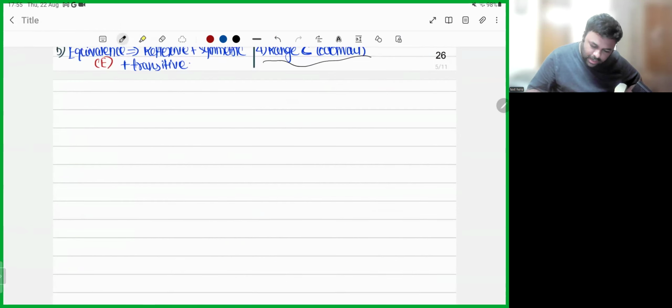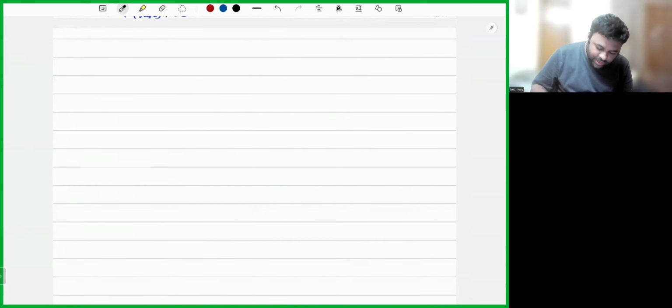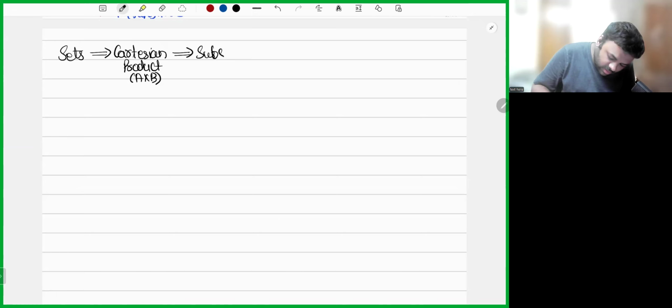So try to understand the linkage between all these things. First, we understood something called sets, right? Using these sets, we developed something called the Cartesian product, written as A cross B. Next, the subset of the Cartesian product A cross B is called a relation, right?